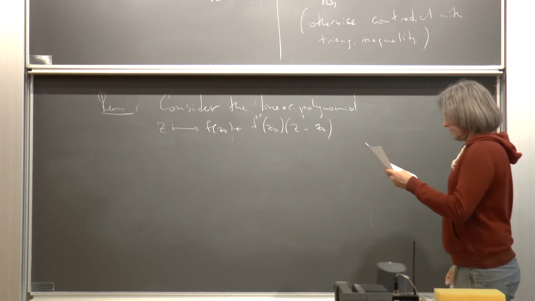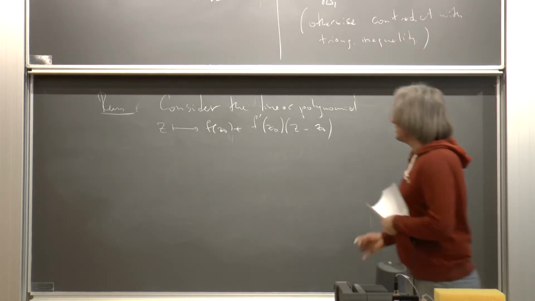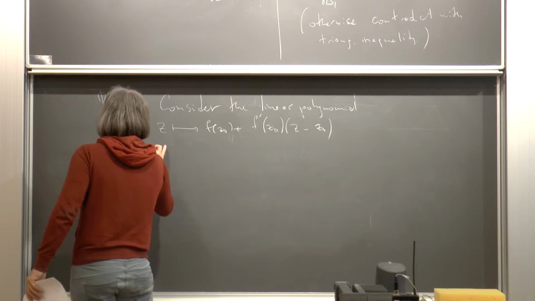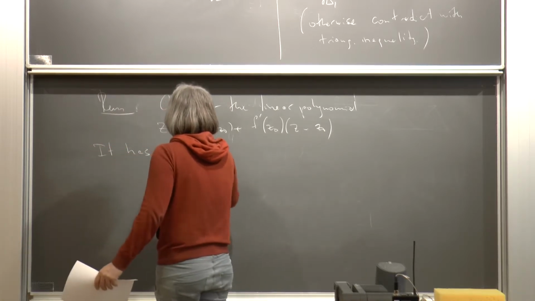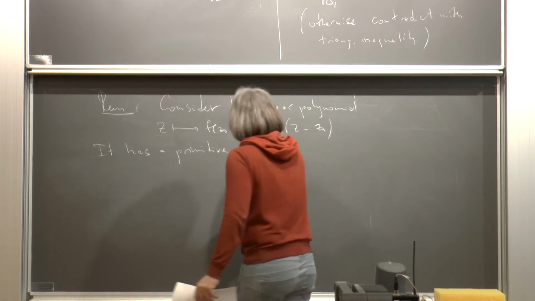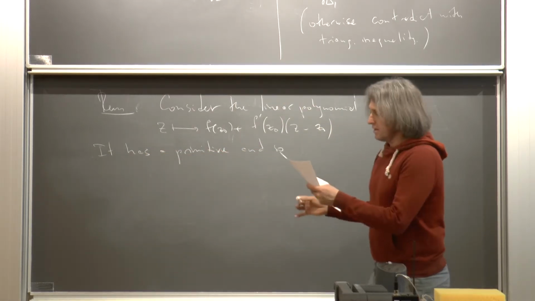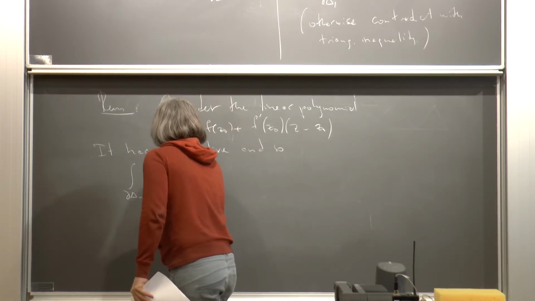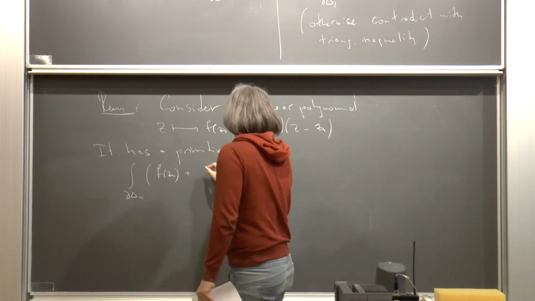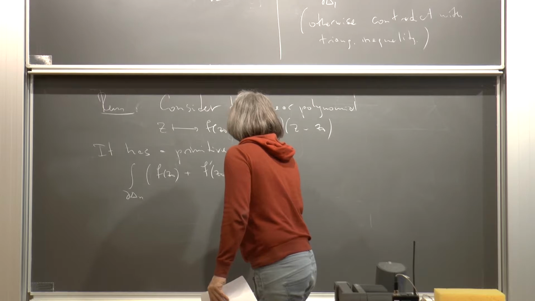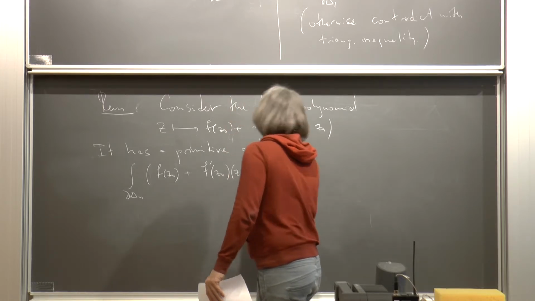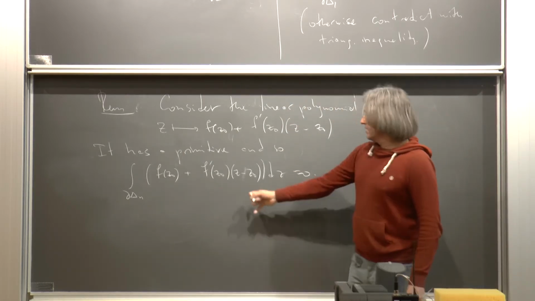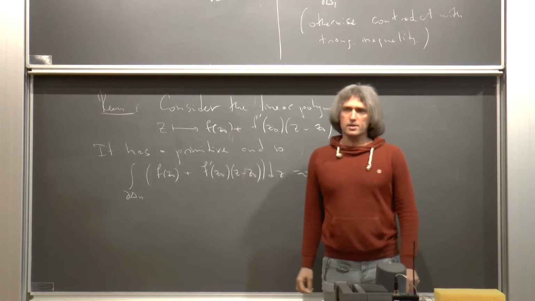Since it's a linear polynomial, it has a primitive, and so its integral is 0. I mean, the function depends on z, and z naught is fixed, so it's just a linear expression.